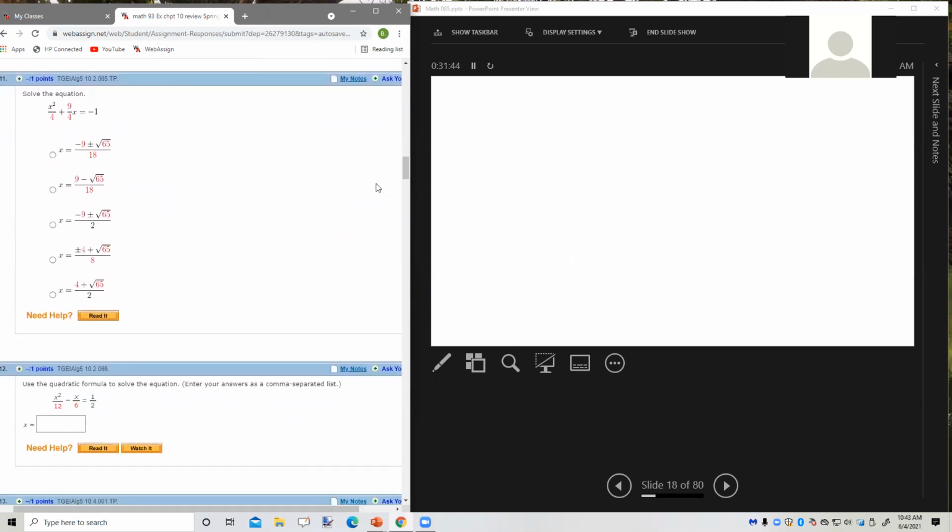Here we have an equation with some fractions. So we've got x squared over 4 plus 9/4 x equals -1. So to make it easier to deal with, the first thing I'm going to do is clear the fractions.